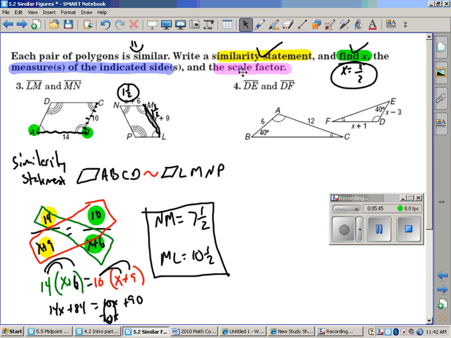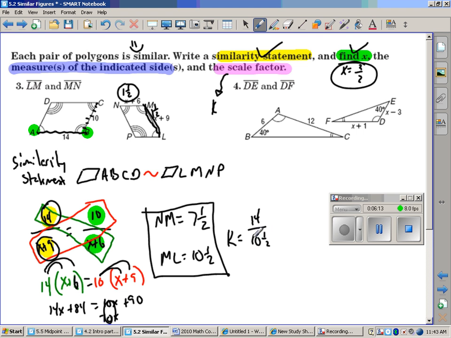The scale factor is going to be 14 over its corresponding side. The scale factor is often written as a k. So down here, I'll write scale factor k equals 14 over x plus 9. I can't grab it, so I'm going to write 14 over this number, 10 1/2.